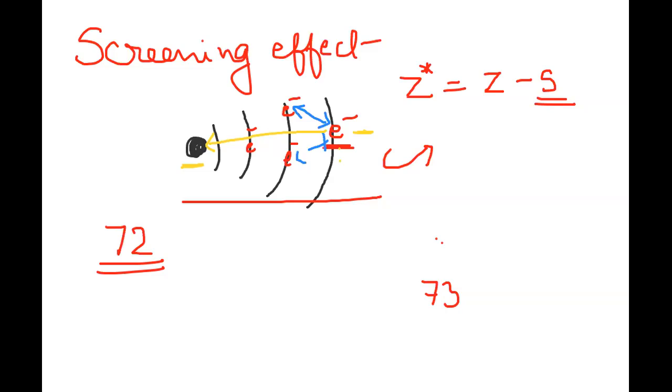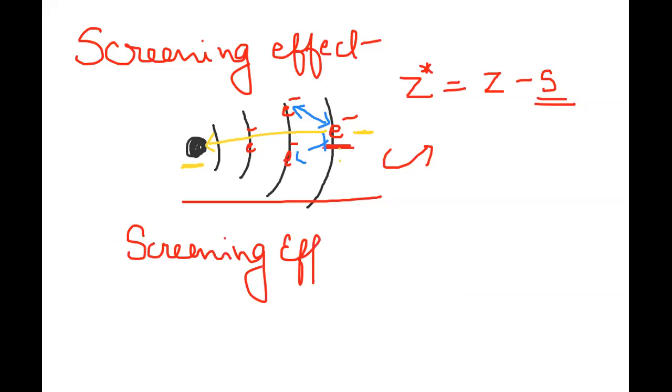So let me clear this part here. With the screening effect, you have to remember that the greater the screening effect, what is the result? Will it be directly proportional or inversely proportional to the ionization potential values?